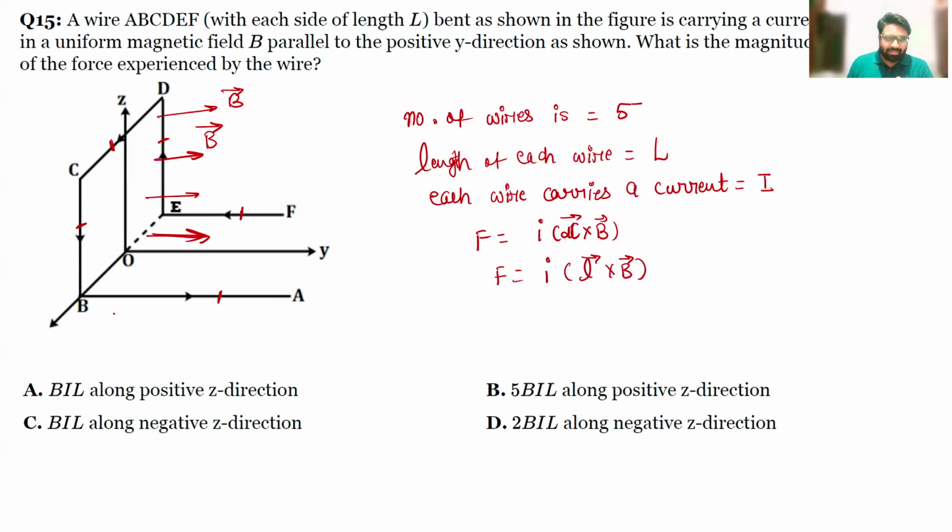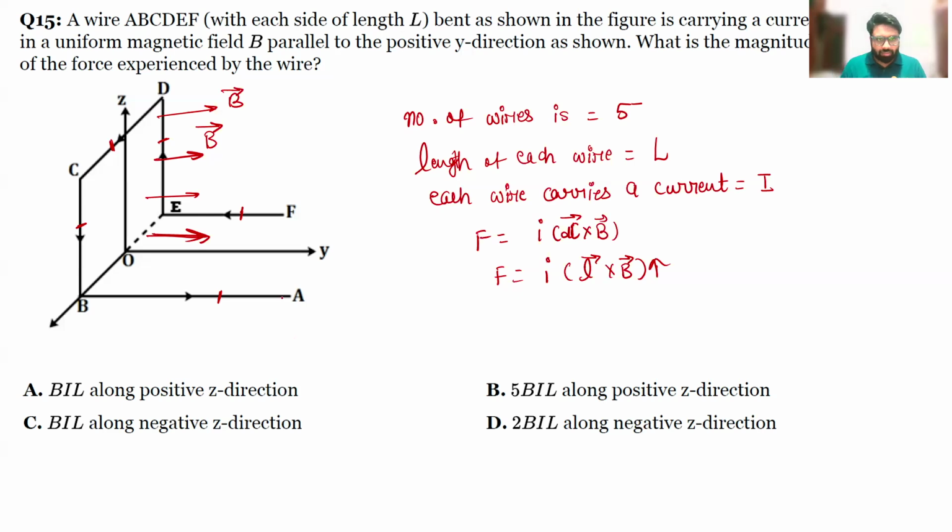So on each and every wire, if you count the wires as AB, BC, CD, DE, and EF, a force is applied. We just have to see the direction and magnitude of these forces. Some forces are going to be cancelled out, some are going to be zero, so we have to work according to the direction.